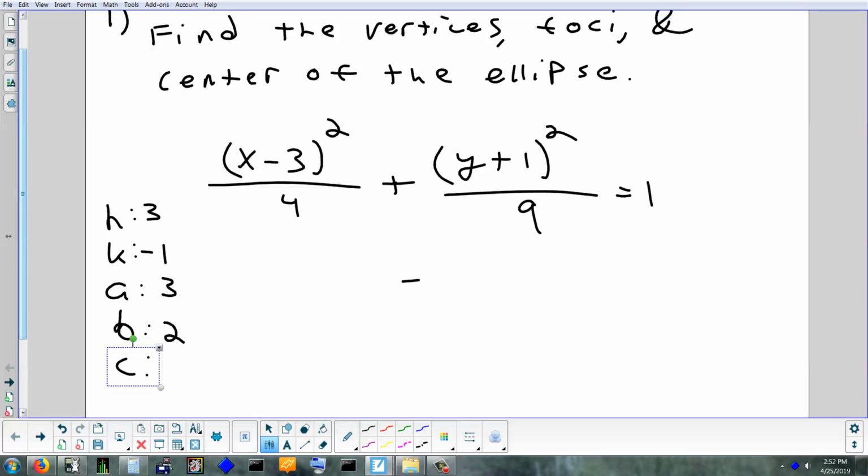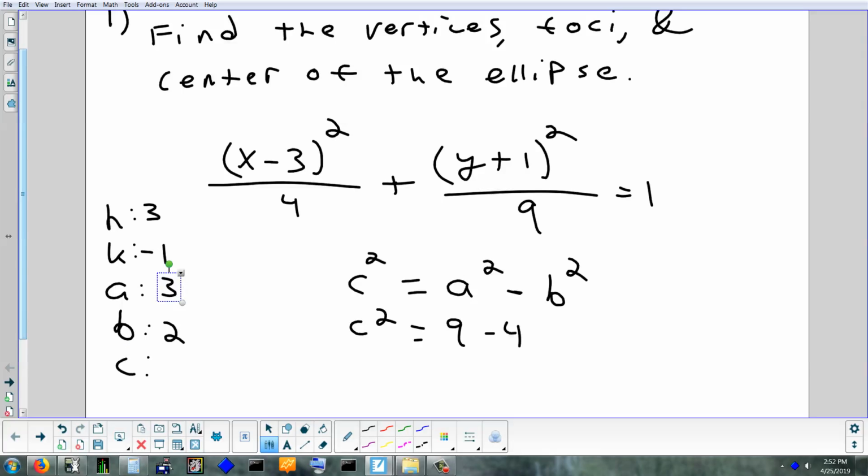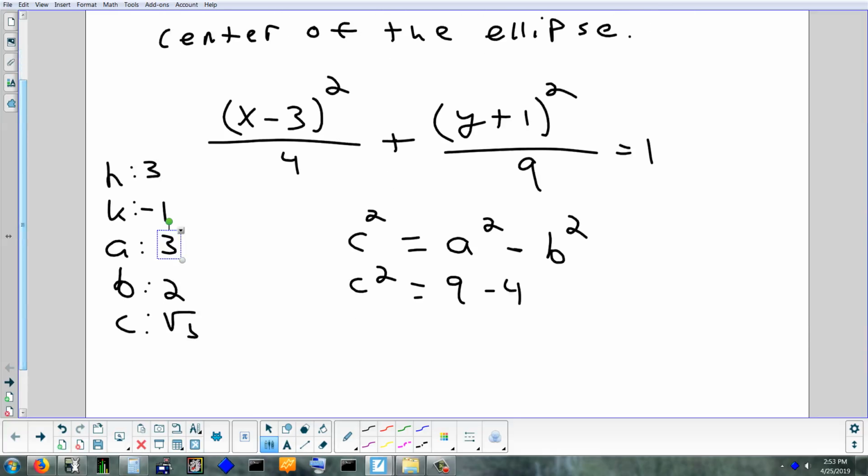What's the formula that connects A, B, and C? C squared equals A squared minus B squared. So C squared equals 9 minus 4. What does C come out to? Square root of 5.